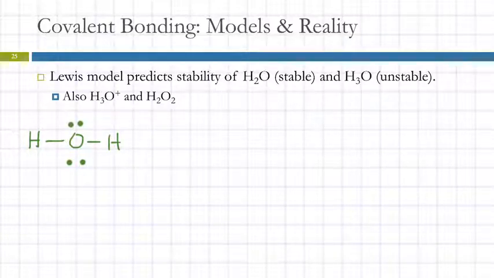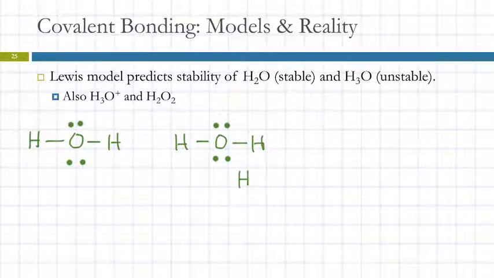Well, let's look at H3O. You might think, well, let's just start with water and see about adding on an extra hydrogen. So how can we have oxygen share an electron with hydrogen? Well, it's got these lone pairs.